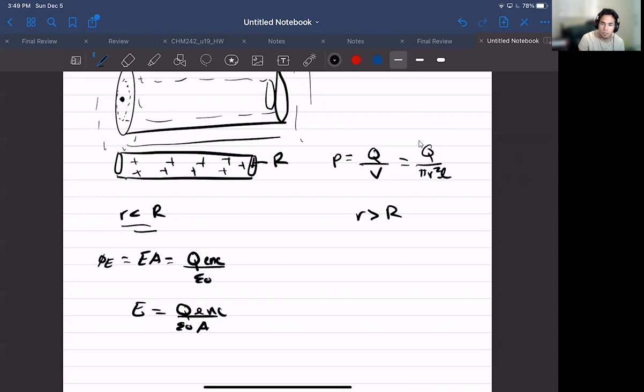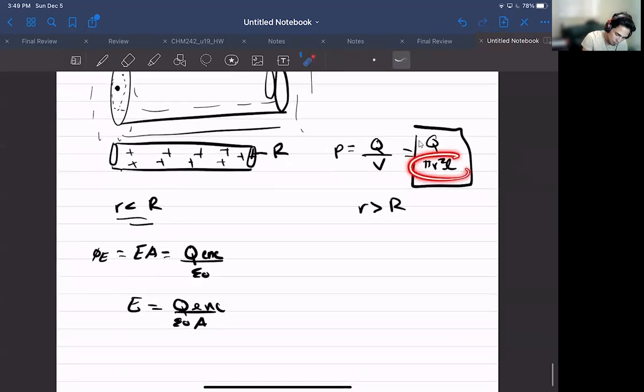That's a good question, because Q can be found as the charge density rho times pi r squared times the length, which is equal to Q, right?